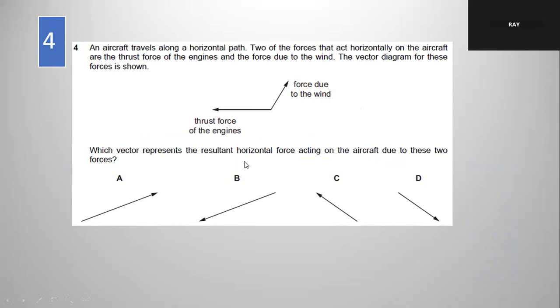Which vector represents the resultant force acting on the aircraft due to these two forces? What is your answer? Complete the diagram. There's the answer, C.